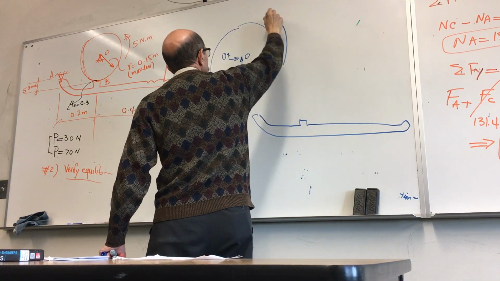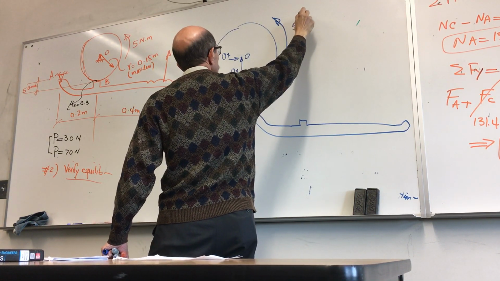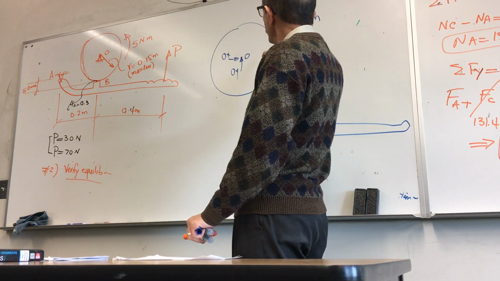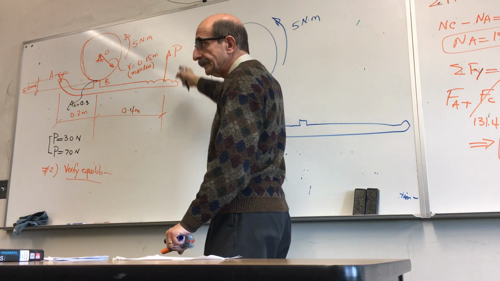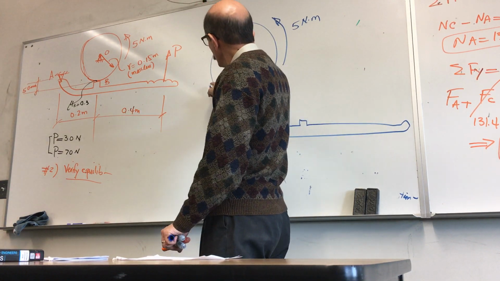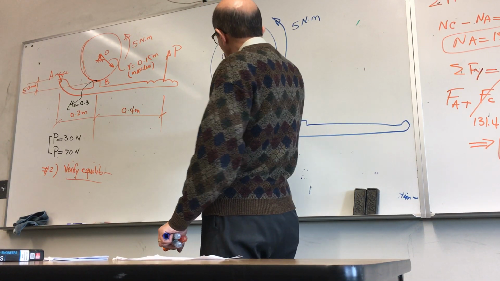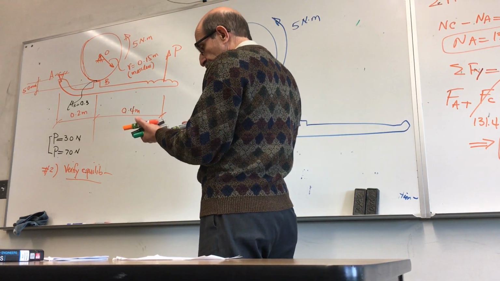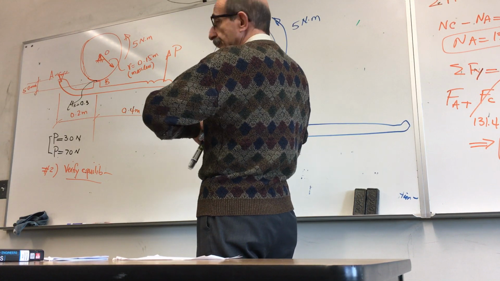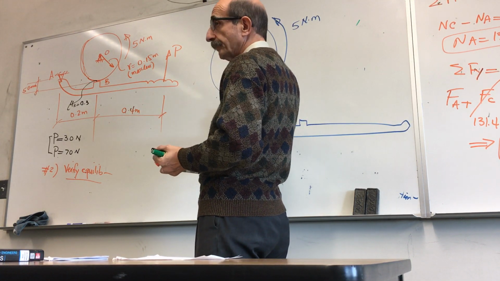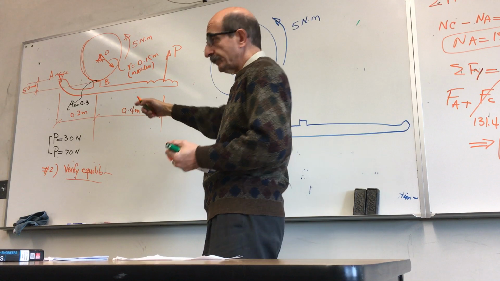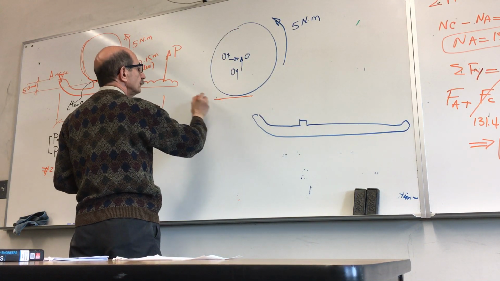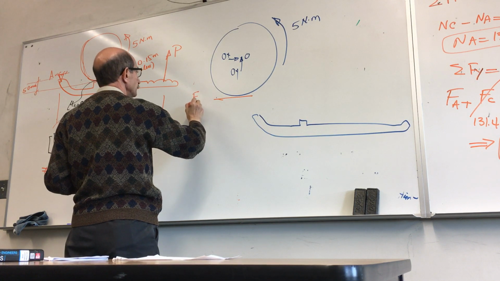This is subjected to a moment or a torque of 5 Newton meter. If this disk is rotating that way, or the direction of motion is this way, what direction would be the direction of the friction force at point B? That way, right? Motion is this way, so this is force at B.